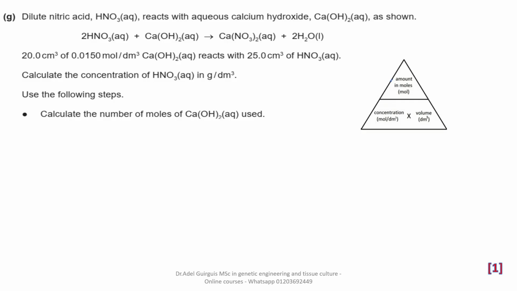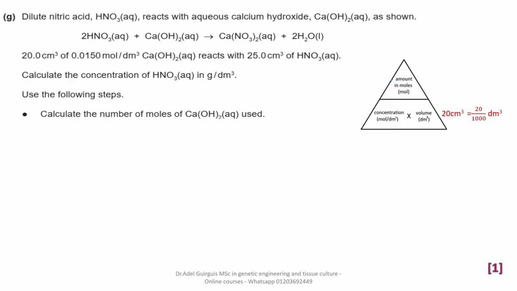What about the data given in this question? 20 cubic centimeters, but the rule is to use the volume of the substance expressed in cubic decimeters. So we have to convert 20 cubic centimeters into cubic decimeters by dividing by 1000. 20 over 1000, this is the conversion factor.